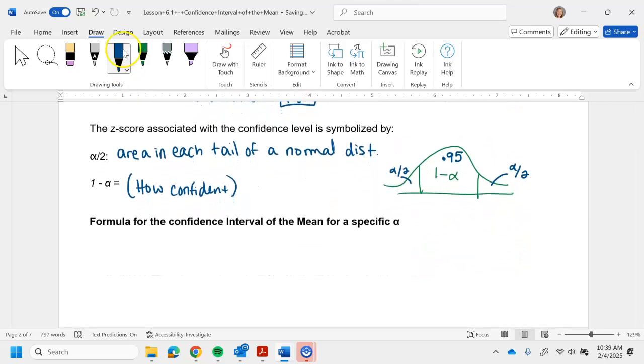So what we're going to use, I'll give you the formula. This will be the end of this video, and then you can go on to the next one to apply it. So our mean is in the middle. Now, we're going to estimate what this mean is by starting with our sample mean. So that starts first. Now this needs to be an interval, right?